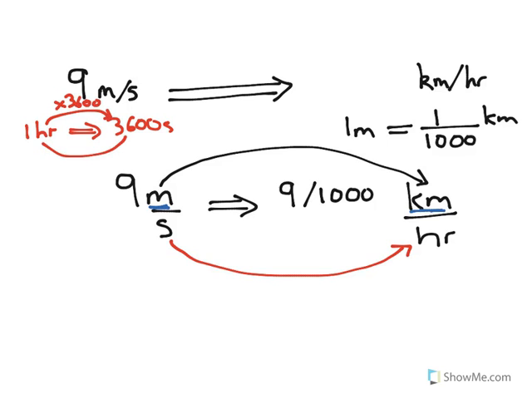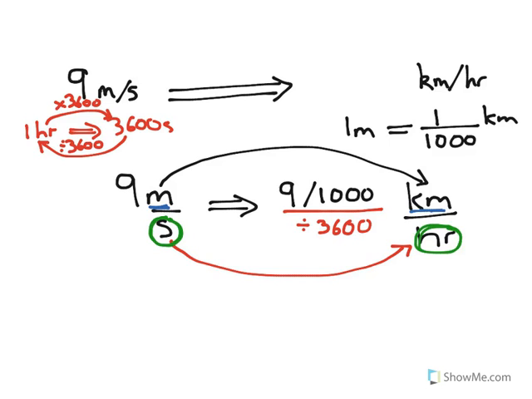To go from seconds back to hours, we must divide by 3,600. So what we have to do here to change our seconds to hours is divide by 3,600. We have to keep the seconds on the bottom line here. The seconds were down here and the hours are down here.